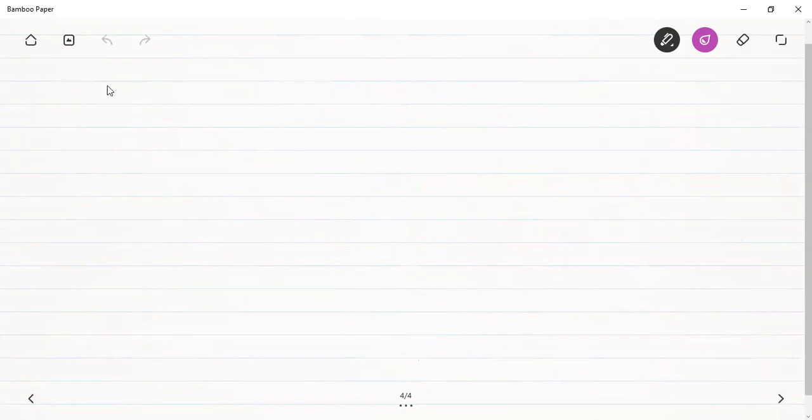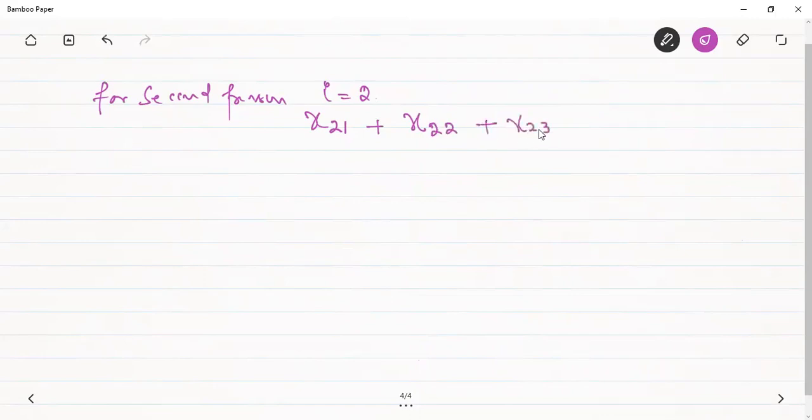So I showed you for the first person. For the second person, we say that I is equal to 2. Therefore, the second constraint will become x21, x22, x23: the second person has been assigned the first job, the second job, or the third job, but the sum should be equal to 1.